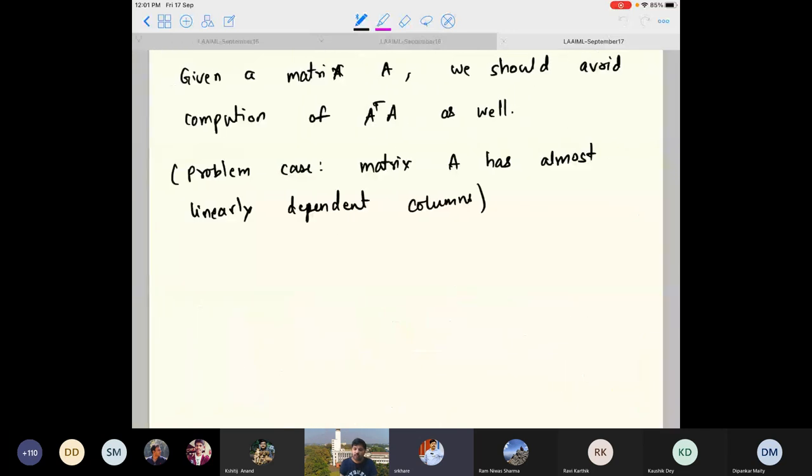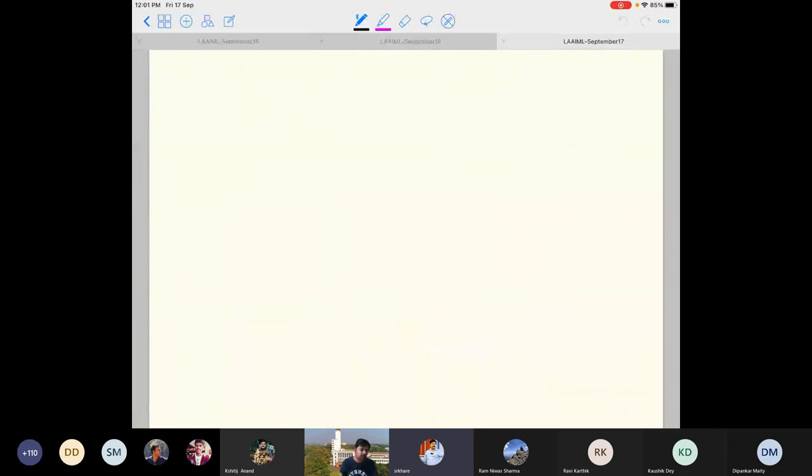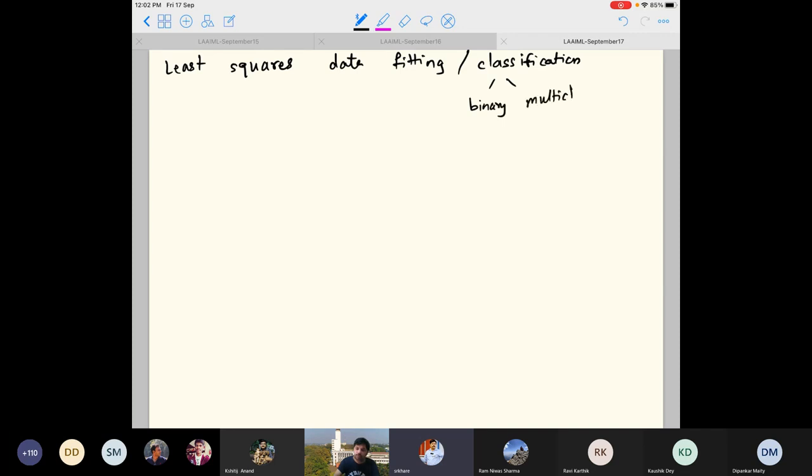Okay, in that case, I think we can move further and look into this particular problem, least squares data fitting. Then we will try to see least squares classification. In the classification also we'll look at binary and multiple classes.